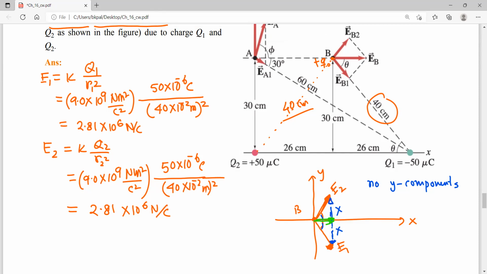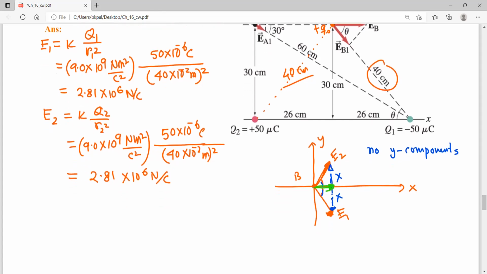So the net field will be just E1x plus E2x.